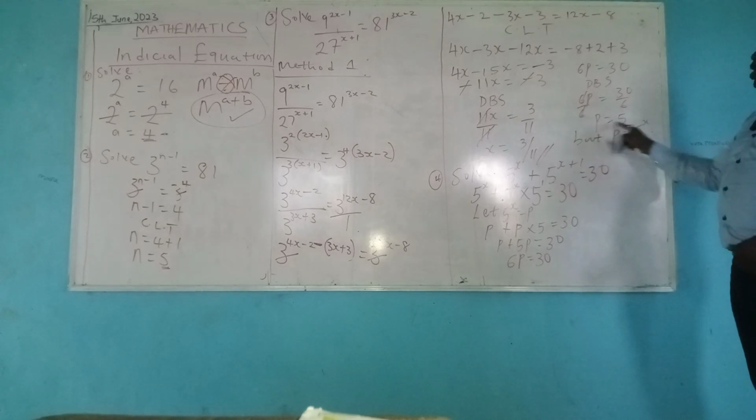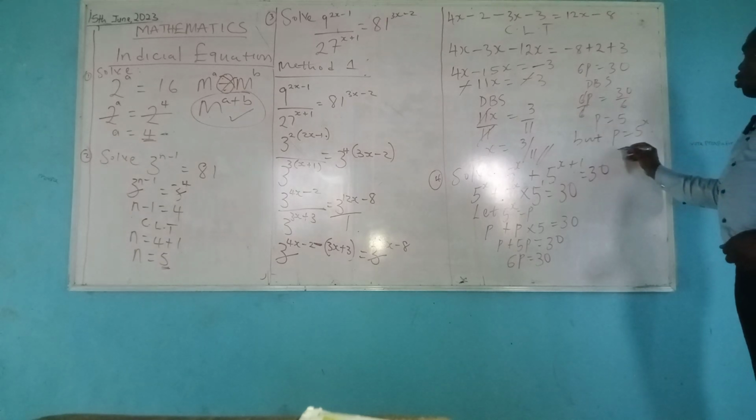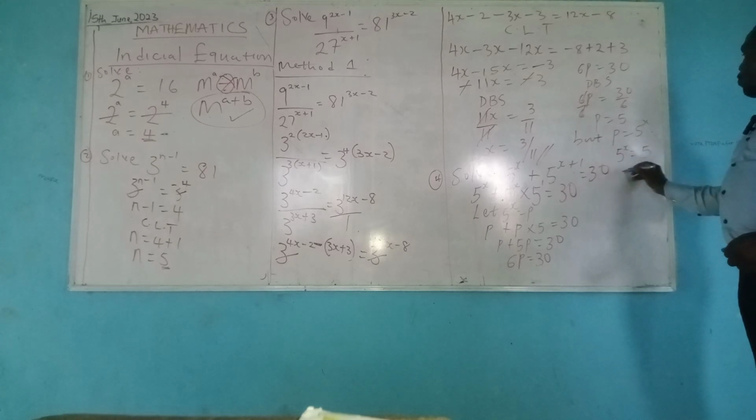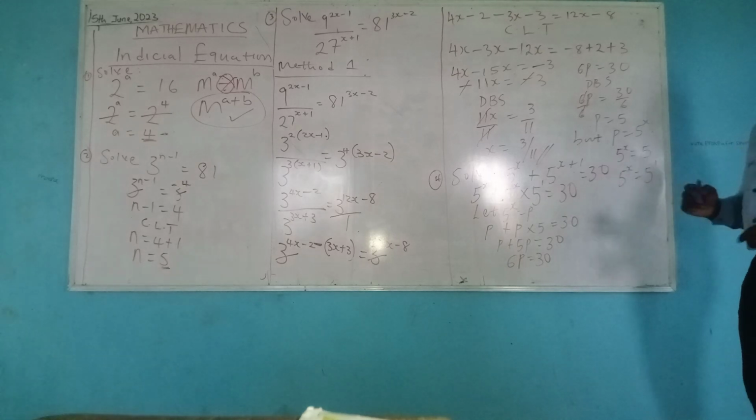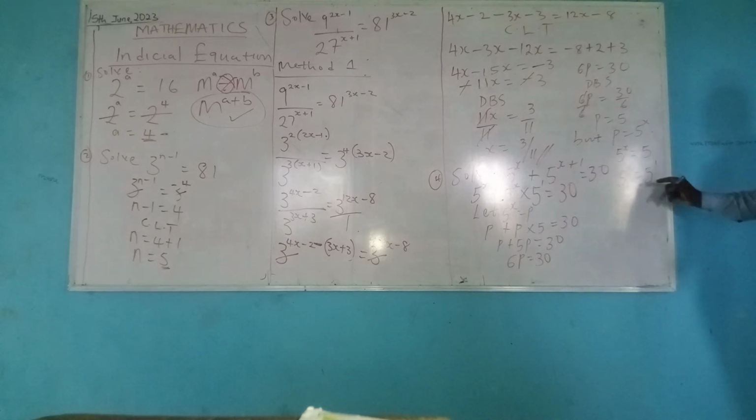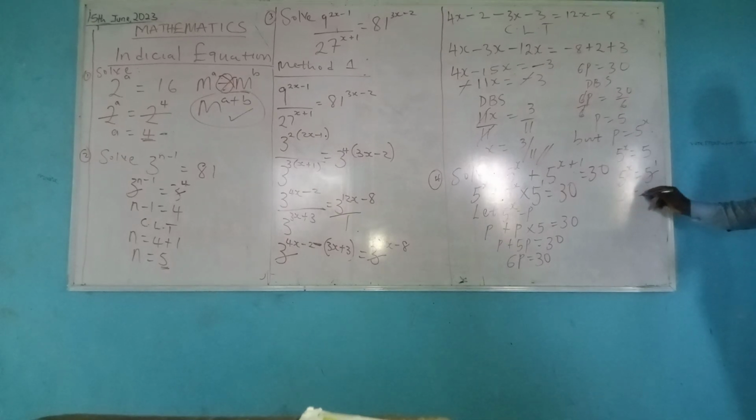So anywhere I say P, I put 5 raised to power x. So I have 5 raised to power x equals 5. 5 raised to power x equals 5 raised to power 1. 5 raised to power 1 is the same thing as 5. And this cancels this, and then my x is equal to 1. That's the final answer to the question.